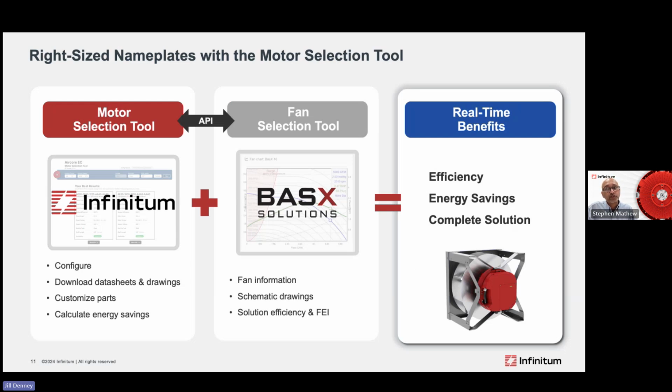The beauty of this solution is that it allows BASX users to pull a right-sized motor and the data sheets and design parameters directly from the fan selection tool. Some of our other OEM partners have also integrated the functionality into their fan selection systems, allowing them to provide right-sized motors from the start.